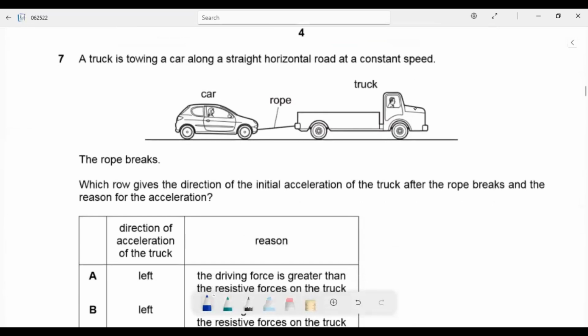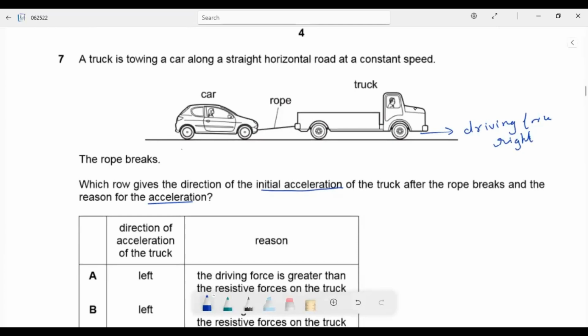A truck is towing a car along a straight horizontal road at a constant speed. The rope breaks. Which arrow gives the direction of the initial acceleration of the truck after the rope breaks, and the reason for the acceleration? So this is the driving force that is moving forward, or towards the right.